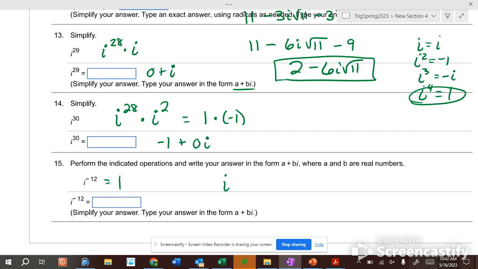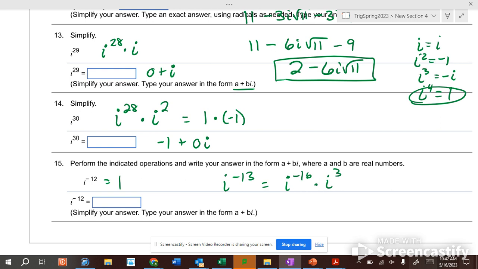So if it's I to the negative 13th, that would be I to the negative 16th times I to the 3rd. Okay? Negative numbers are a little more confusing. You have to go below it and then back up.